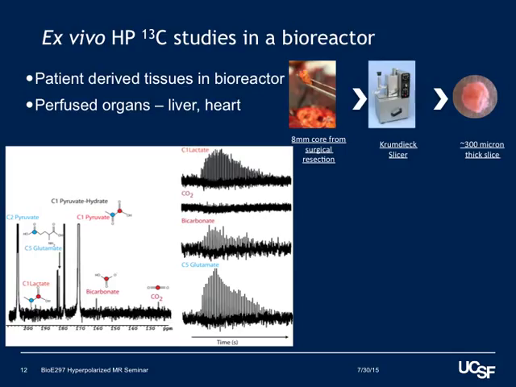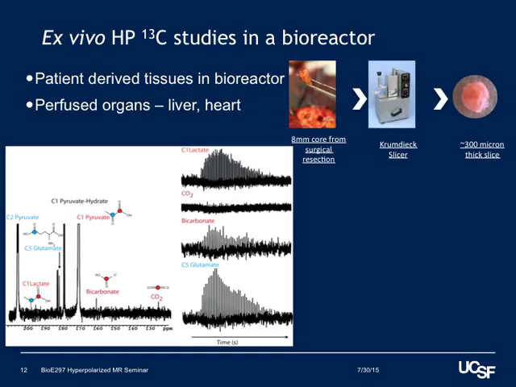We can extend this to more relevant biological models, such as the patient-derived tissue slices that we've set up here in collaboration with Dr. Peel from Stanford. We worked with prostate and renal tissue slices, and we've shown that with hyperpolarized pyruvate, the lactate produced increases with the aggressiveness of the tumor.